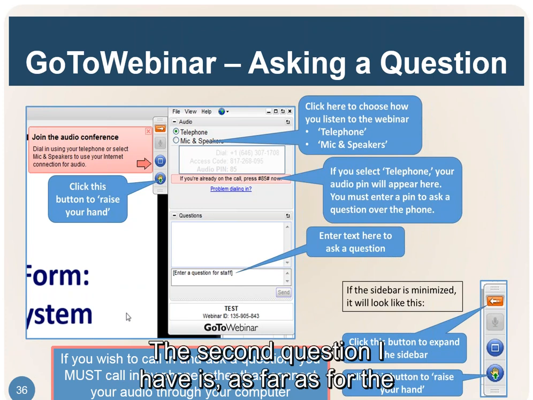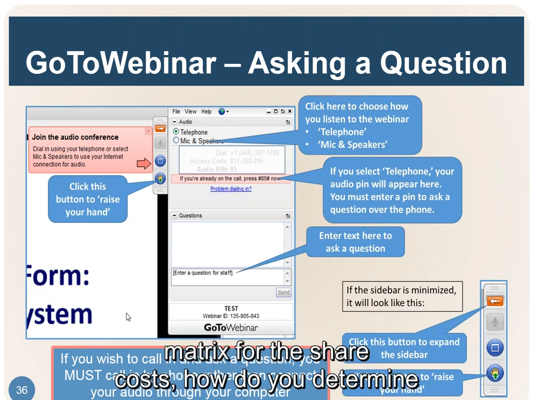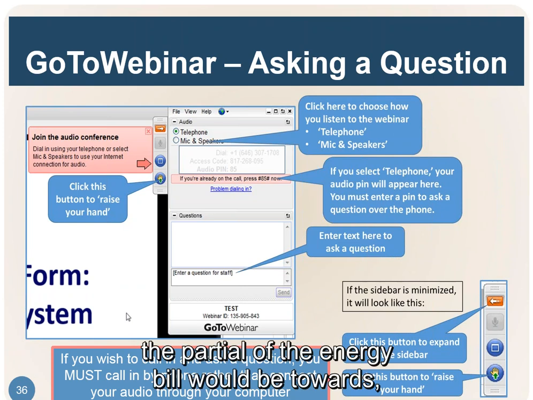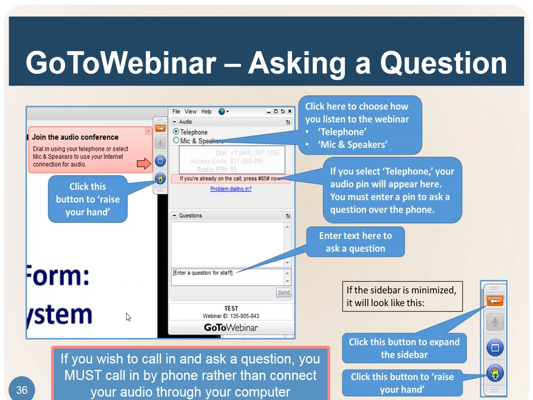The second question I have is, as far as the matrix for the shared cost, how do you determine what part of the energy bill would be towards the heating so we can pay for the heating energy?